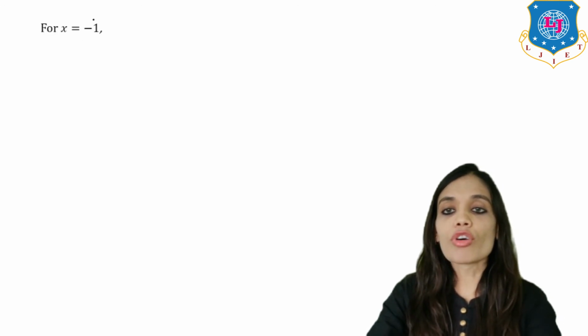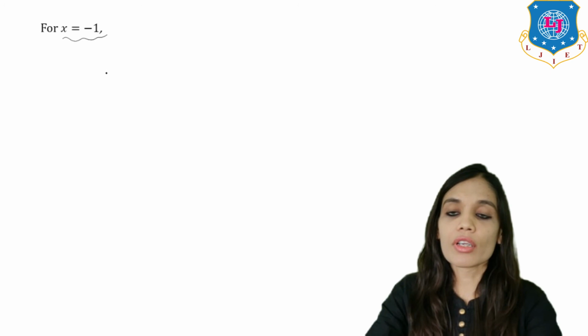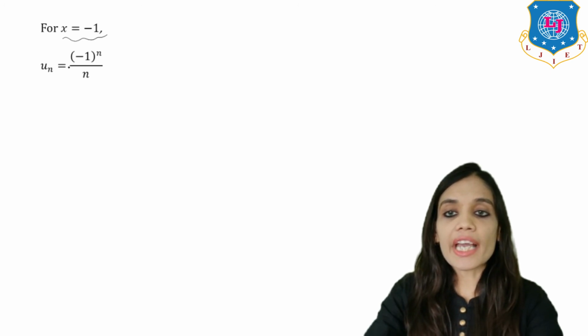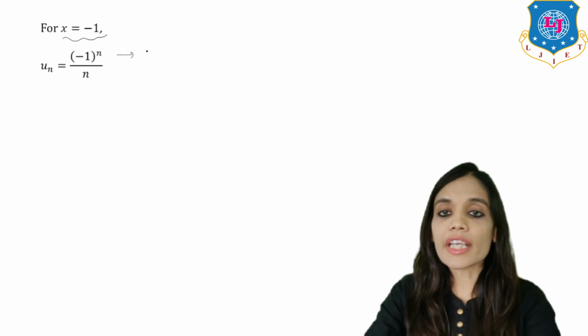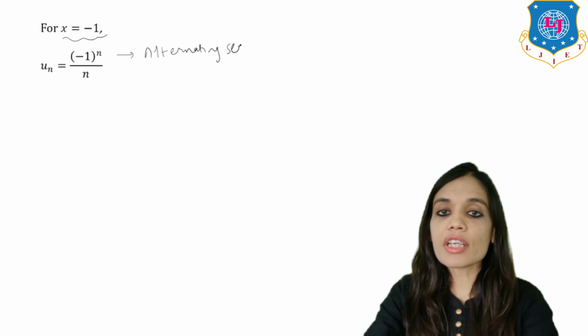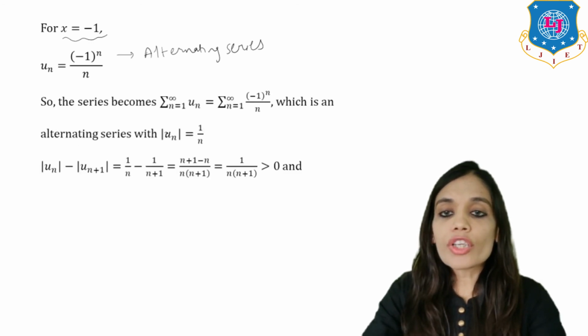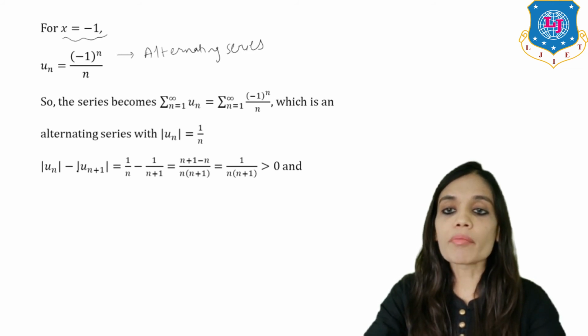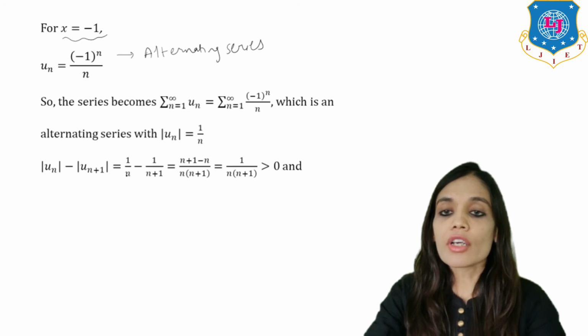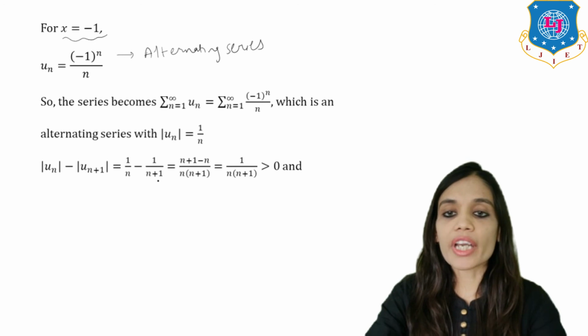Okay. Now let us put the value of x as minus 1. So you will get your un as minus 1 raised to n upon n. So this is again an alternating series, right? So we have to apply which test? Leibniz test, right? So mod un will be equal to 1 upon n. So let us find mod un minus mod un plus 1. So which will be equal to 1 upon n minus 1 upon n plus 1. Simplify it by taking LCM.